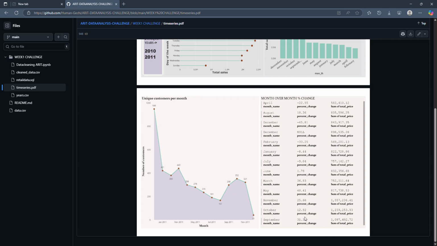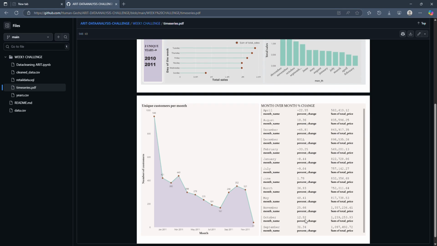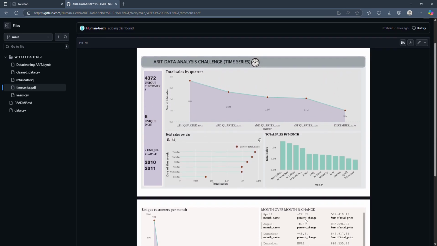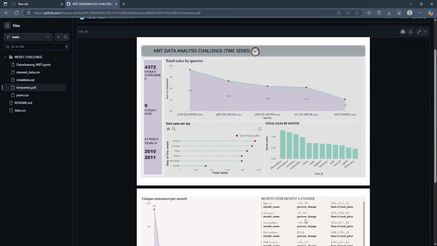So the total number of sales increased in those months. There was no rise and fall, just a slight increase. So in general, sales were positive, and people bought more at specific times of the year. It's the end of the year in different countries, when people will buy more and sell more.